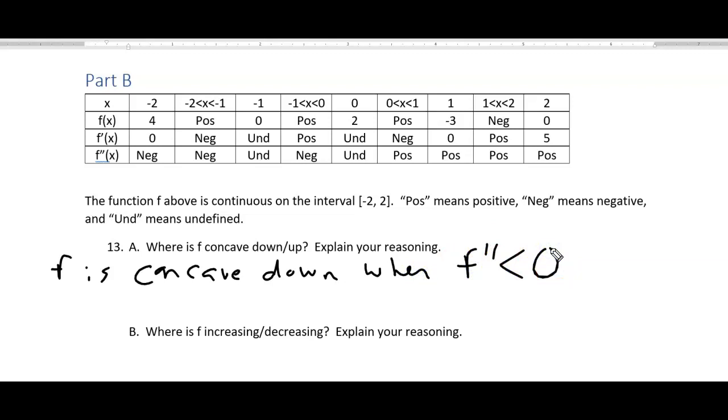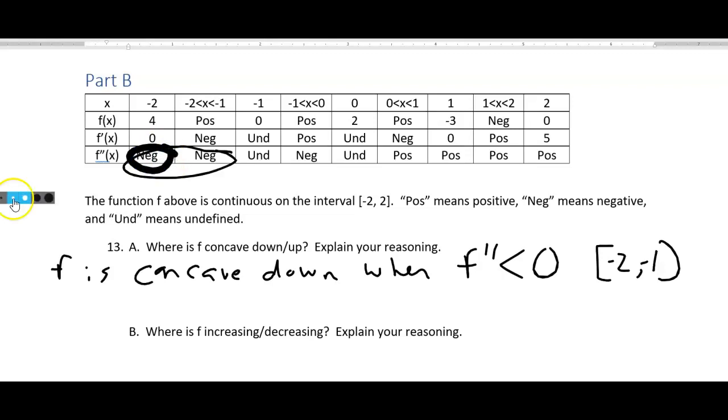And so we have from negative 2 to negative 1. Once again, I don't think they really care about brackets and parentheses, but I'm using a bracket because it is concave down at negative 2, but it is not concave down at negative 1, so I'm not going to include the negative 1 in the interval.